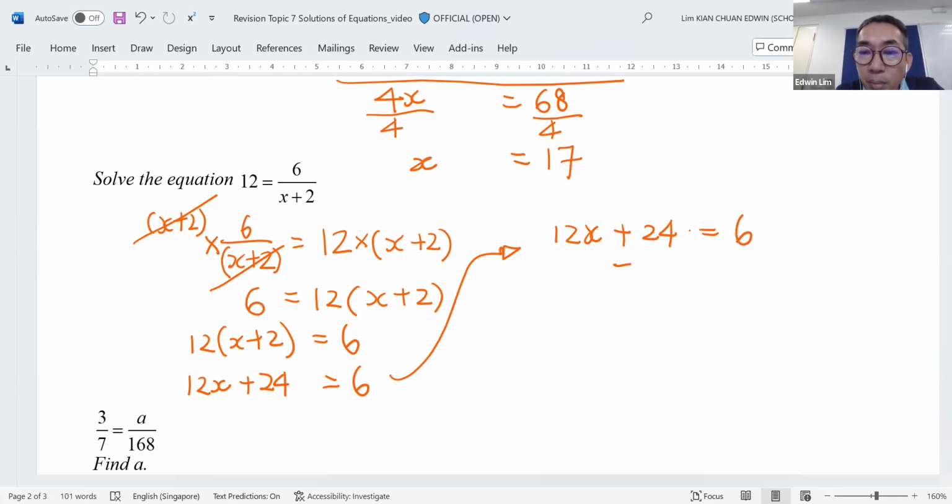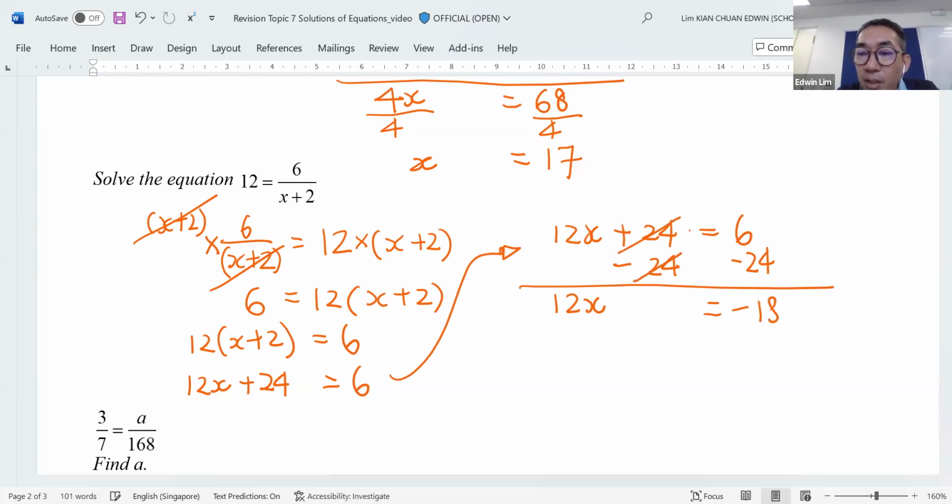I will minus 24, minus 24. So what do I get now? 12x equals, this one will be gone, 6 minus 24, negative 18. Am I right? Yes, I'm right, negative 18.